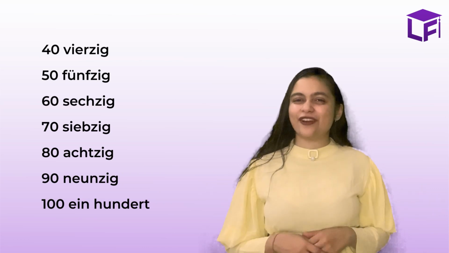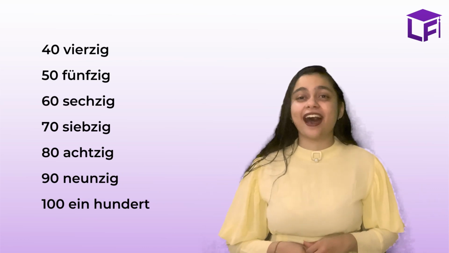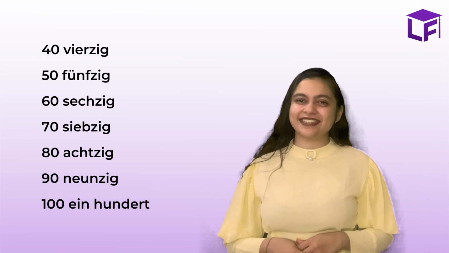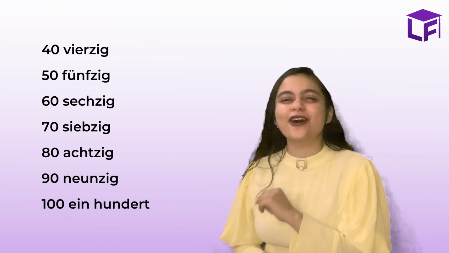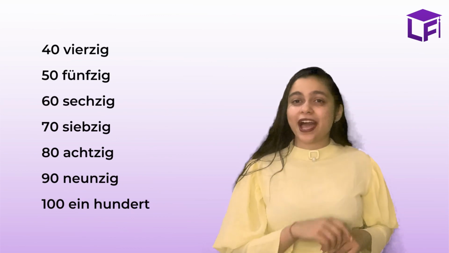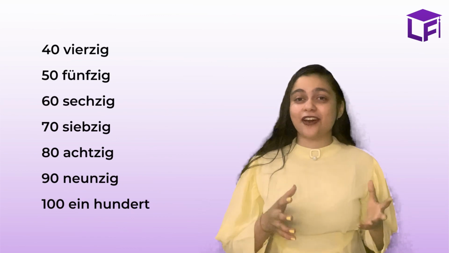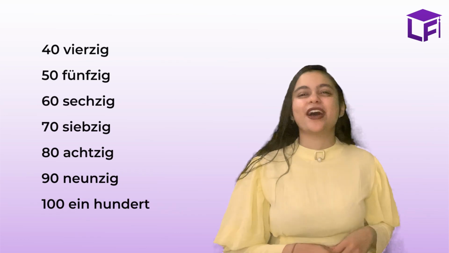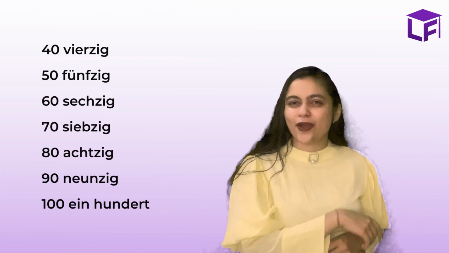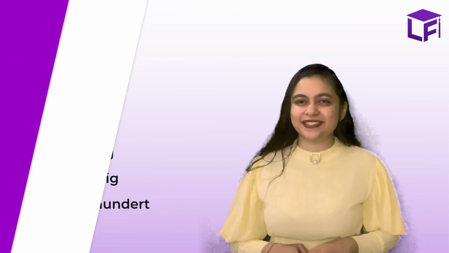And my dear friends, 100 is 100. Excellent. Now you know how to fill the gaps. Do practice how to say 71, 72, 73. This will be very interesting for you guys, and I'm sure now you know how to fill in the gaps.